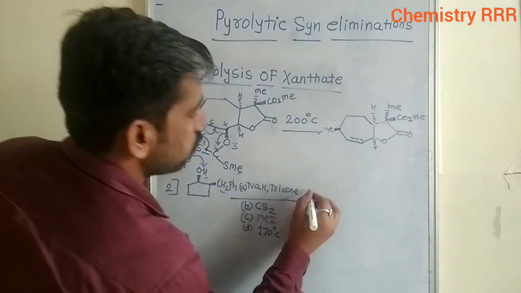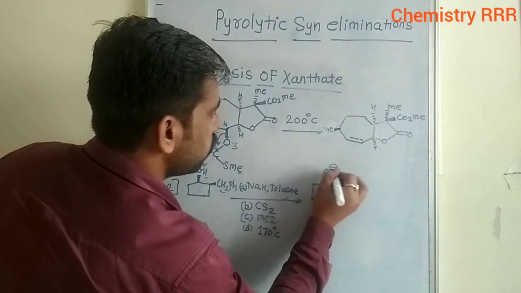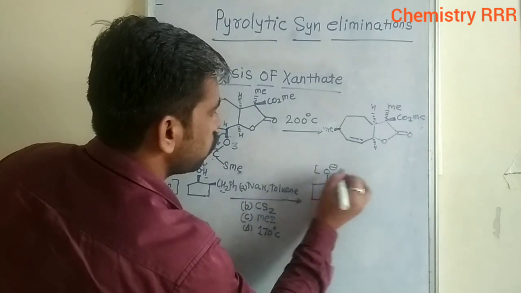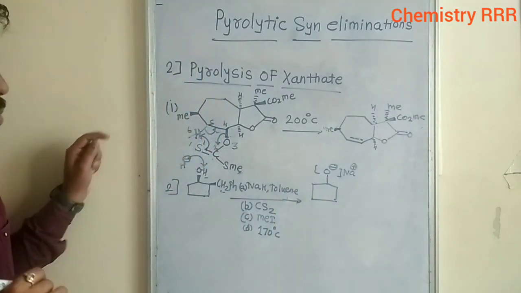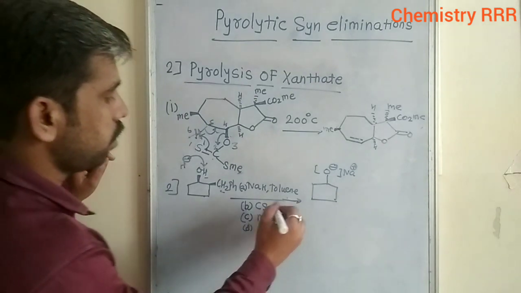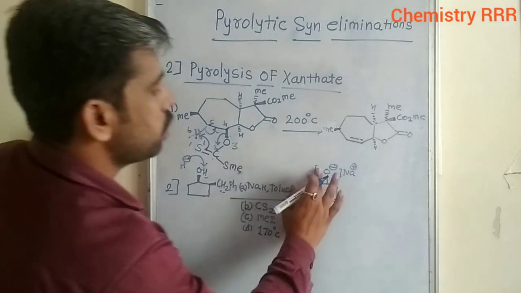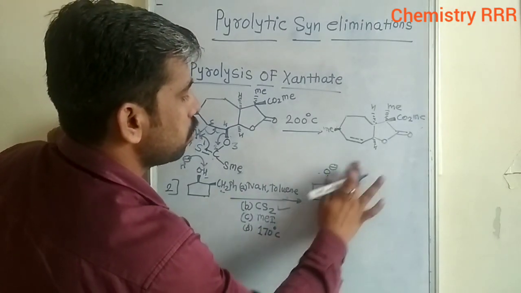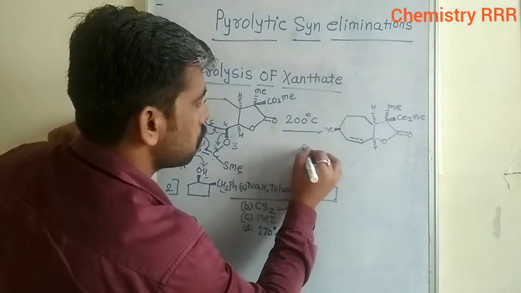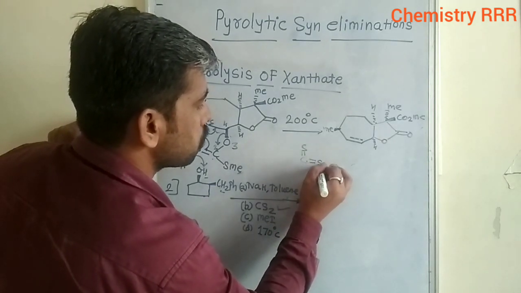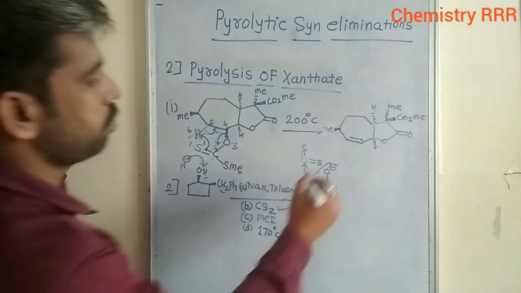In the first step O minus is stabilized by the sodium plus ion. Now the second condition is CS2, and this O minus attacks the CS2 at the electron deficient center.